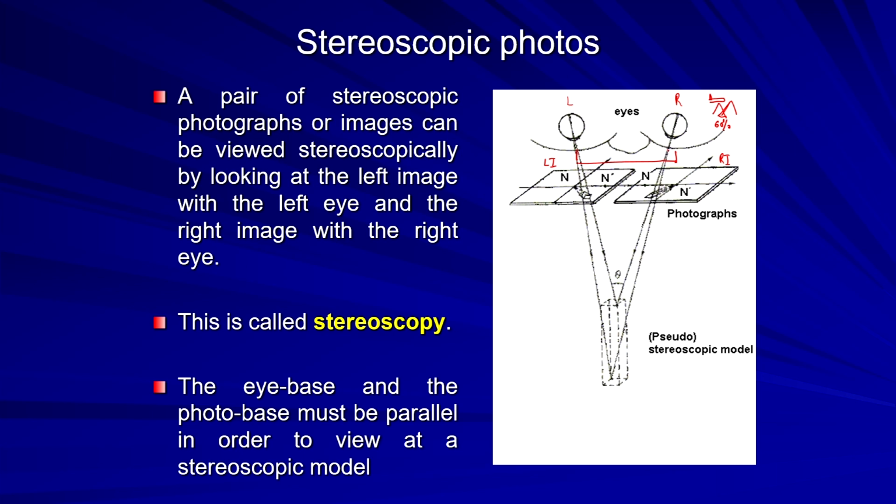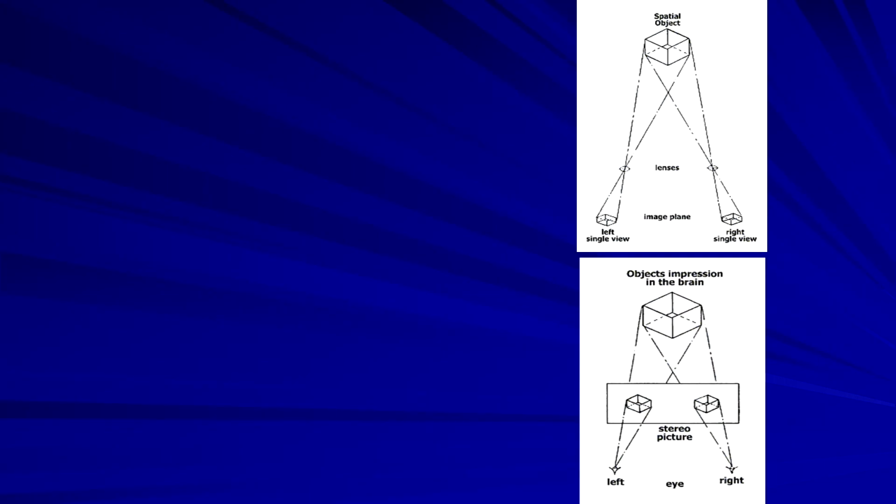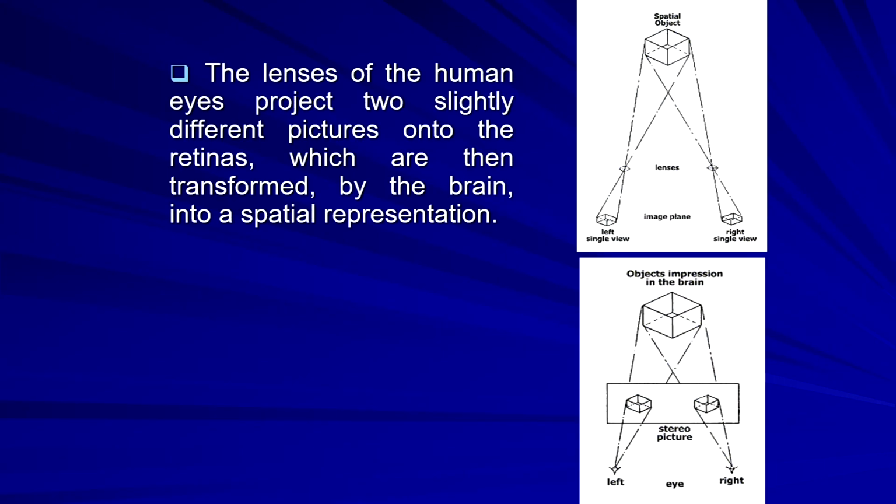As I told you, you can use the stereoscope, which I am going to come to in the next slide, or you can also use your normal eyes to view this, but that needs practice. Basically, the lenses of the human eyes project two slightly different pictures onto the retinas, which are then transformed by the brain into a conceptual representation.